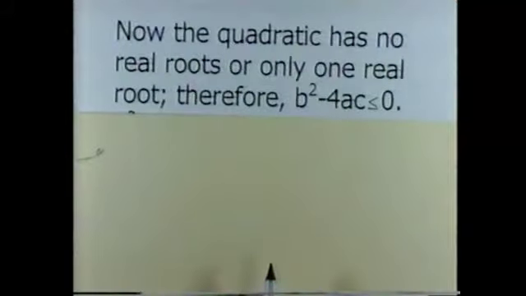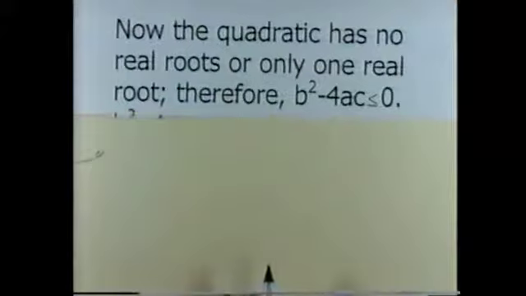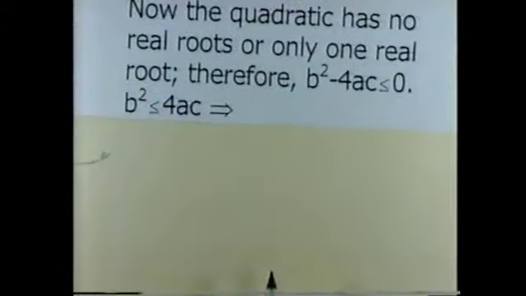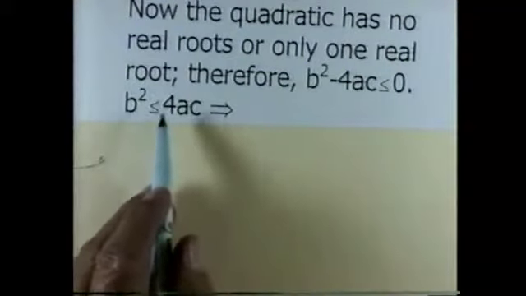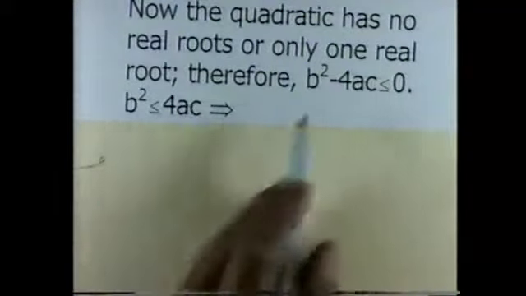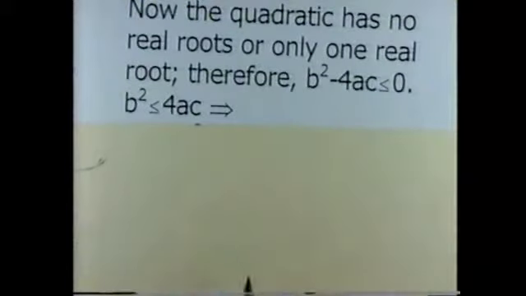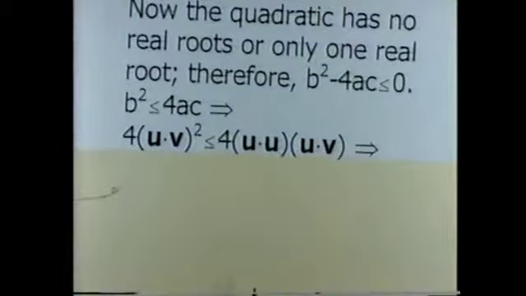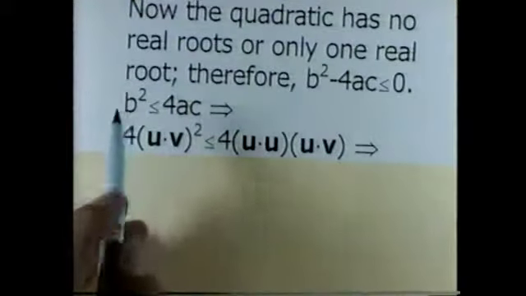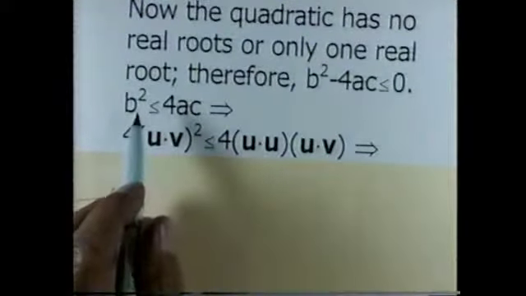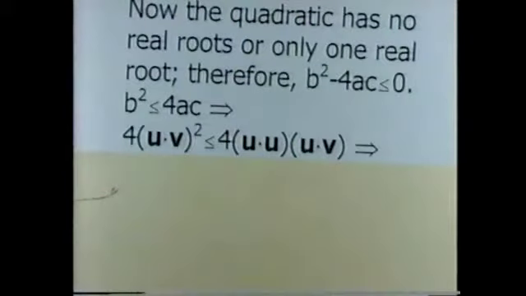So the quadratic has either no real roots or only one real root. So we have b squared is less than or equal to 4ac, just adding 4ac to both sides. That would imply that b squared, remember what we let b be. b was 2 u dot v.